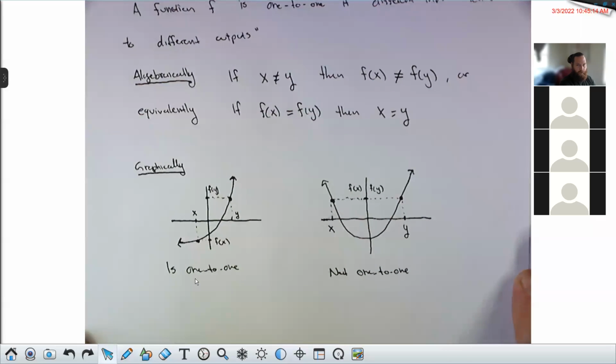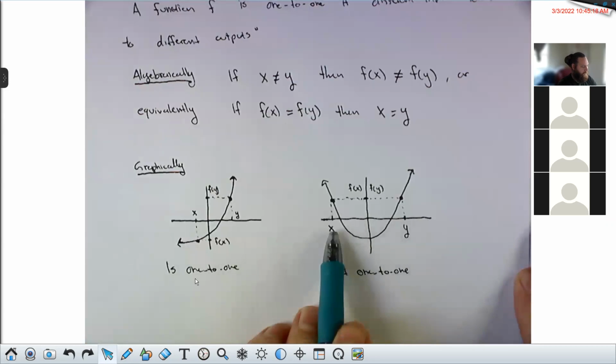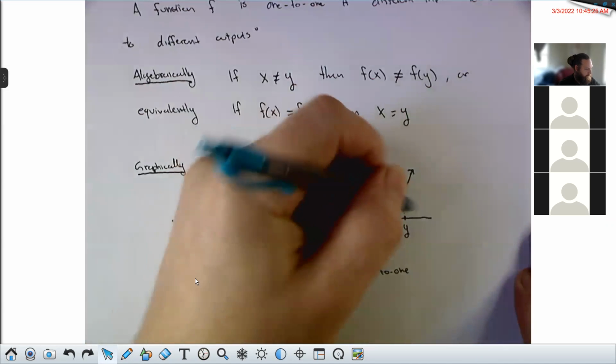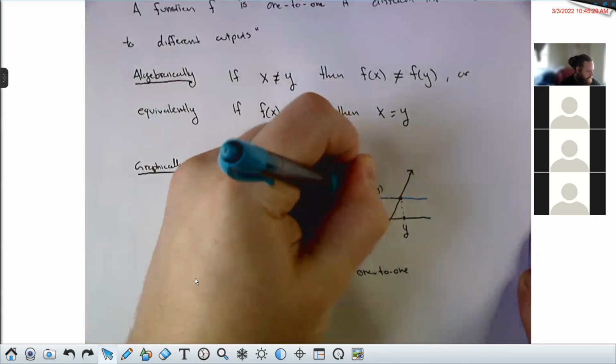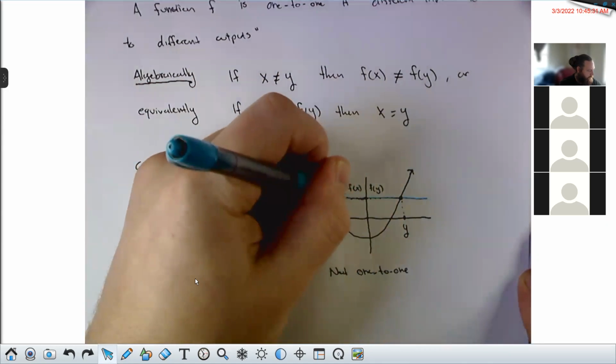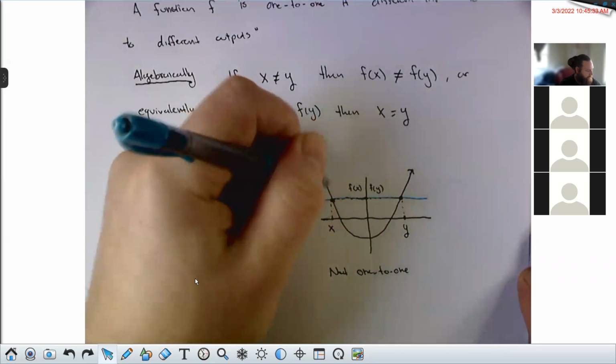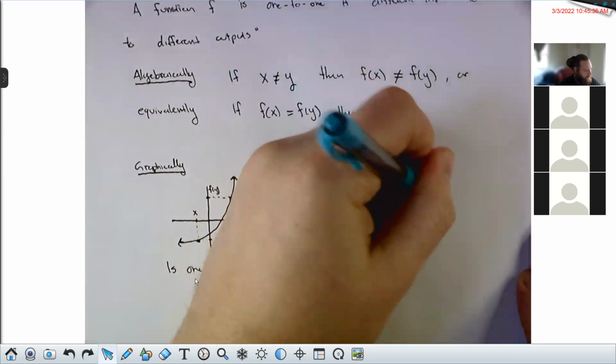If you look at what's going on in the not 1-to-1 picture, the fact that there are two different inputs that lead to the same output, two different x values that lead to the same y value, that's the same as saying that this blue line hits the graph more than once.